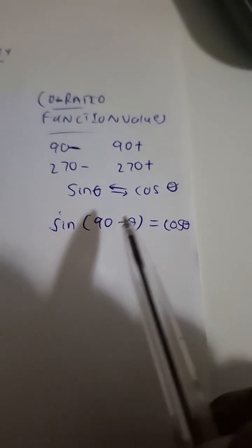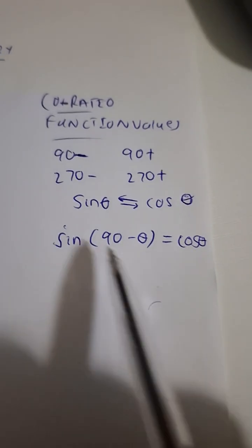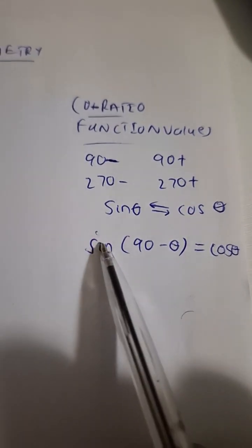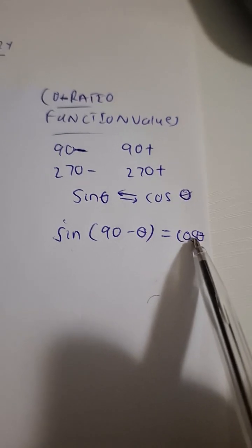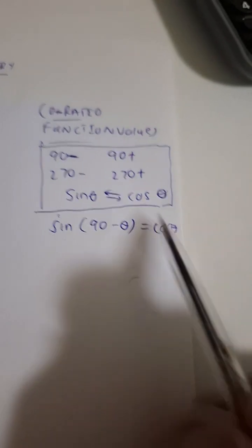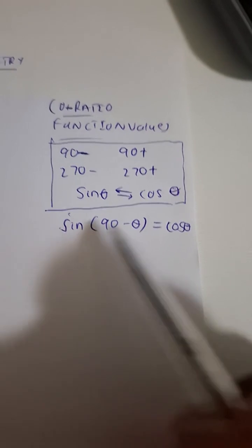Why? Because you have 90 minus, which is a co-ratio, the trig ratio sine will change to cos, because that's what happens with our co-function values, or in other words, our co-ratios. If sine was the trig ratio being used, then sine changes to cos.